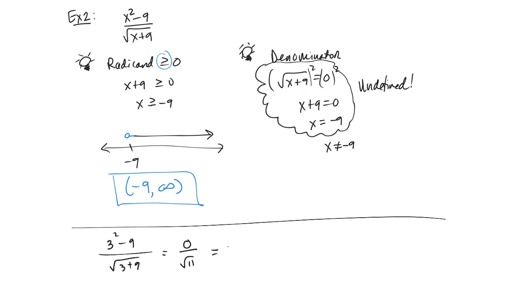That's just 0, so that's fine, that's defined, and even when x is negative 3, negative 3 squared minus 9 all over square root of negative 3 plus 9, that would be 0 over square root of 6, which is 0. So those don't lead us to problems. We can have a 0 in a numerator. It's just we can't have a 0 in the denominator. Denominator cannot equal 0.